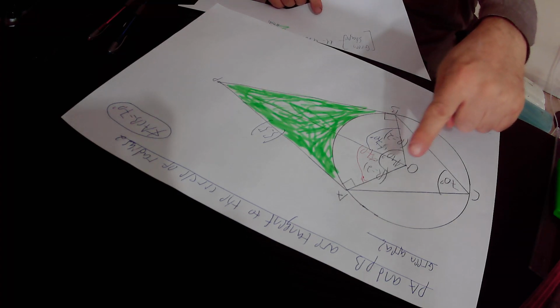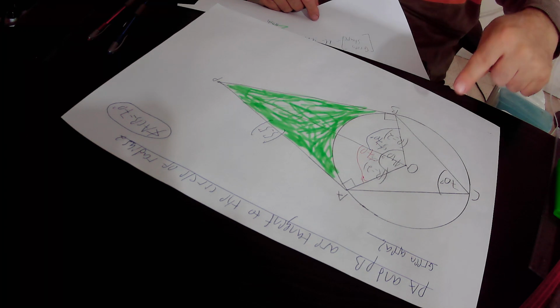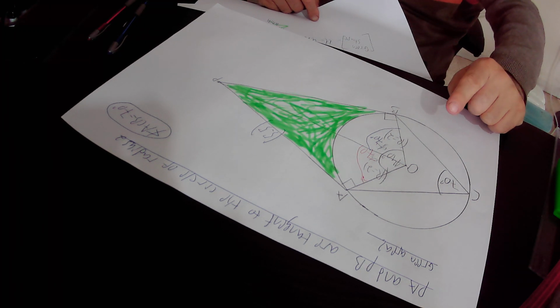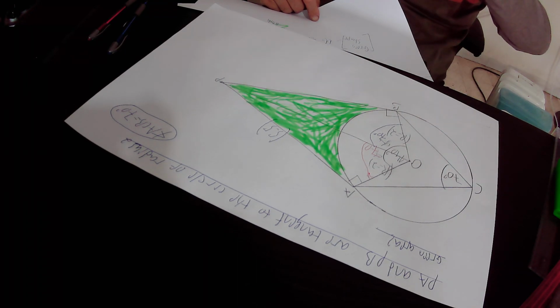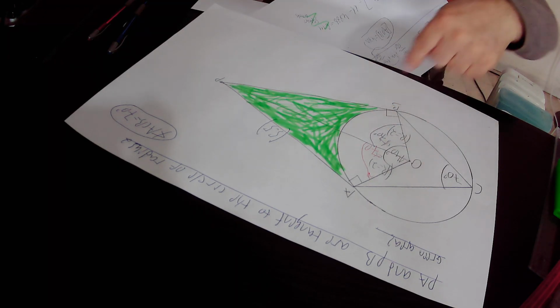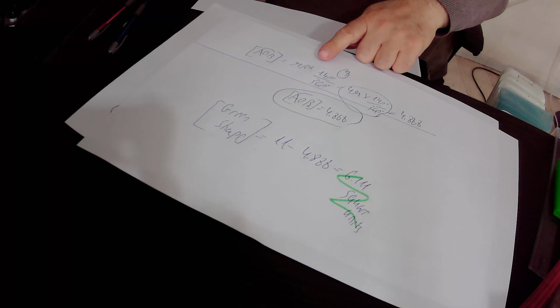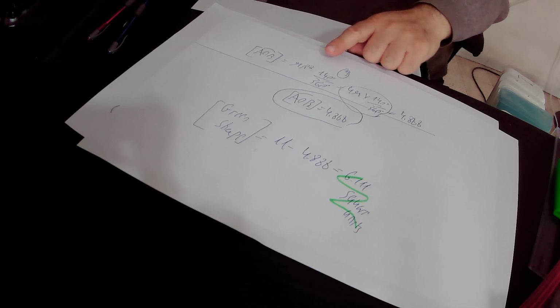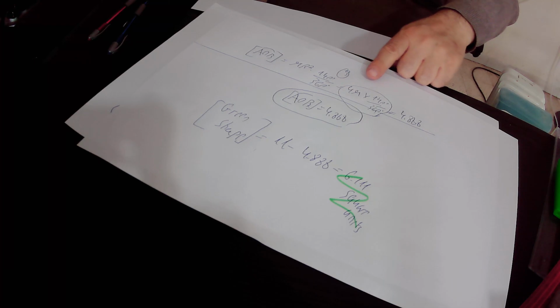So the area of sector AOB equals the area of the circle that contains the sector, pi r squared, times the angle between the legs of this sector, 140 degrees, over 360 degrees.